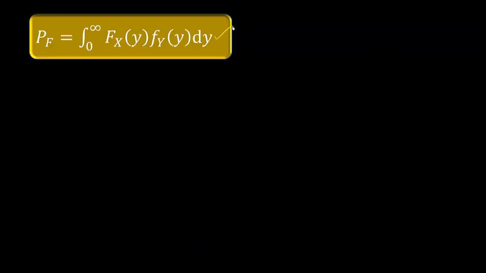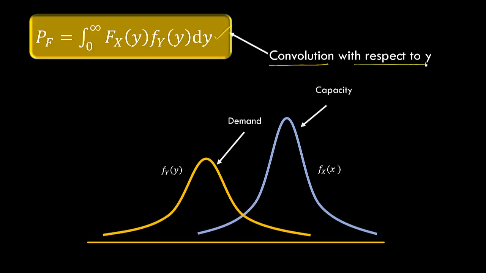So this is the same expression, and this expression, that is the probability of failure, is basically convolution with respect to y. So let us illustrate using a diagram. In this case, this denotes PDF for random variable y, and this curve is PDF for random variable x. X is my capacity and y is my demand, and the corresponding PDFs are fx and fy respectively.